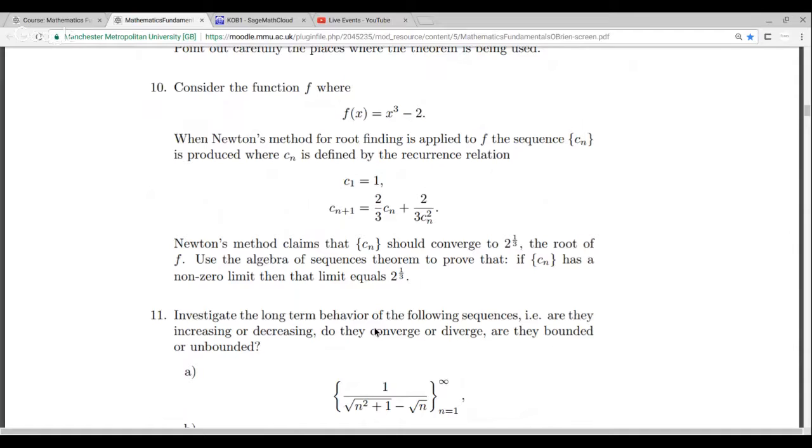So that shows again the application of the algebra of limits theorem, because the breakup of this bracket here, this whole term, to here, that's justified by the algebra of limits theorem.